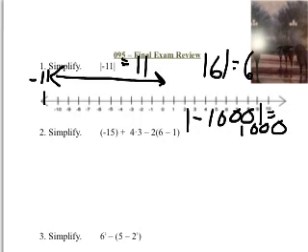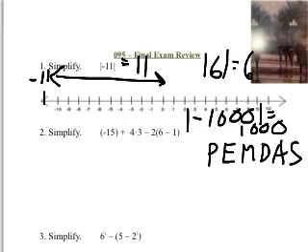Number 2, simplify. This is an order of operations problem, and we use our mnemonic PEMDAS. You don't have to use it, but this helps you remember what you do first and second, with this caveat. The P, which stands for parentheses, is actually any grouping symbols. The E is exponents.